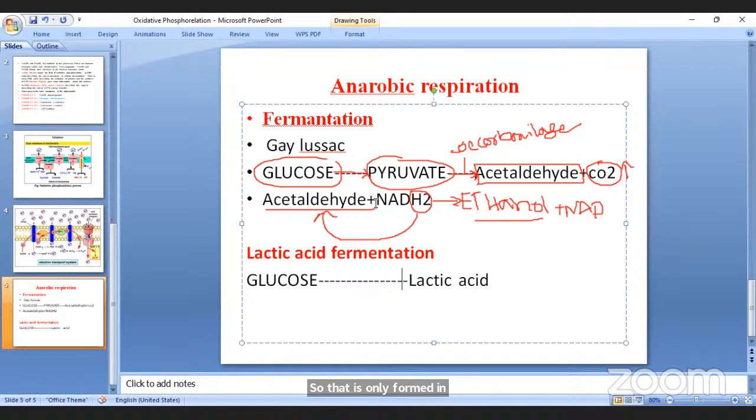But what happened here? The remaining NADH2 is utilized to form alcohol, ethanol. Here also it is utilized, same. NADH2 is converted into NAD.